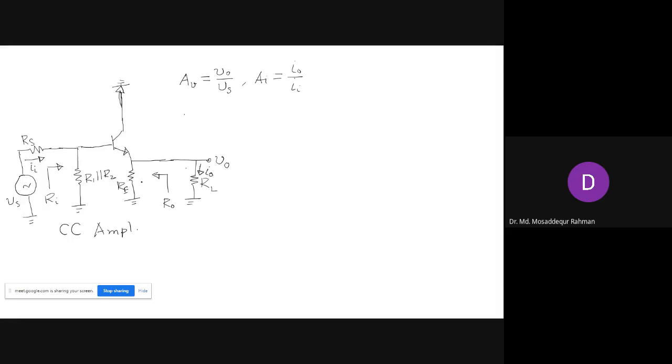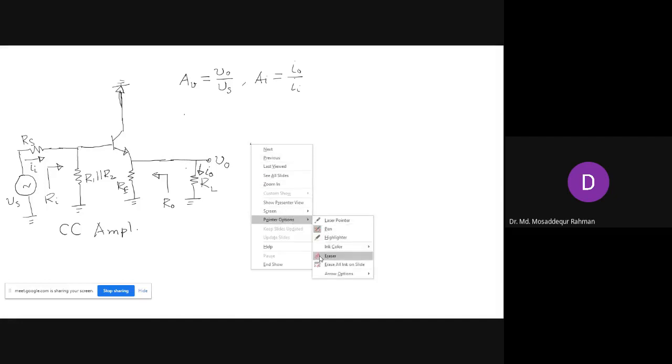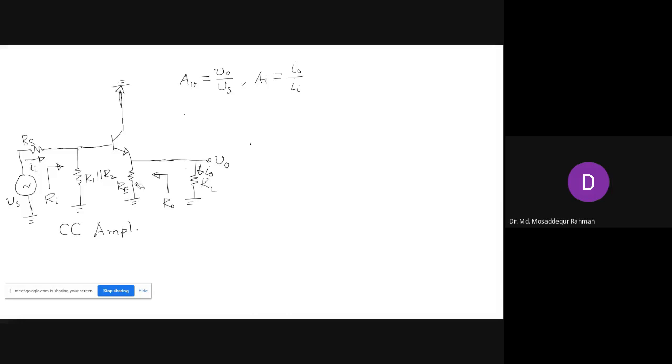And here you see that at the output side, RE and RL are in parallel. So we can combine these two. So first we need to delete this RE.